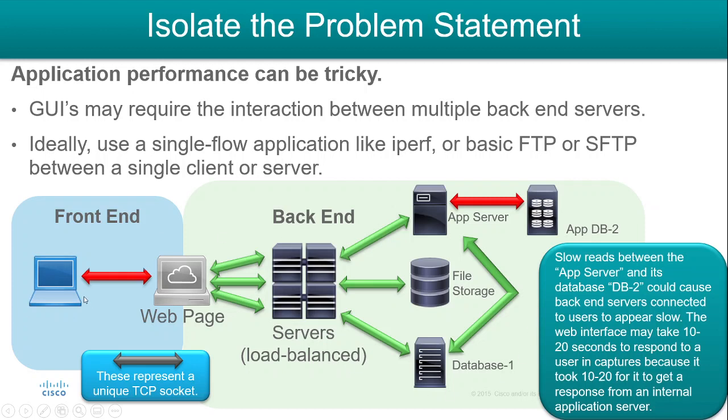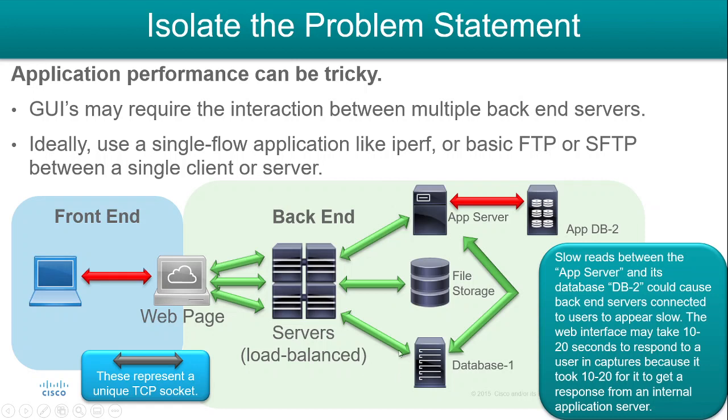And this user, whenever they go to that web page, depending on how busy it might be, they may be load balanced to one of multiple different servers. Whatever server they go to may then make multiple back-end calls to different services.